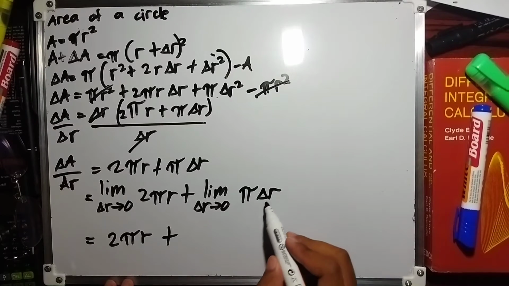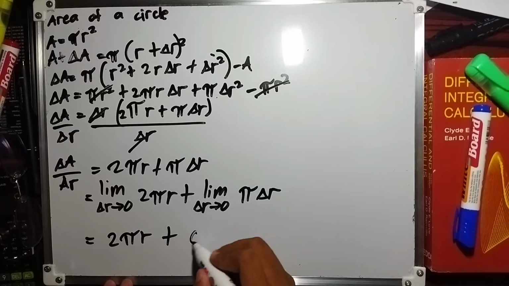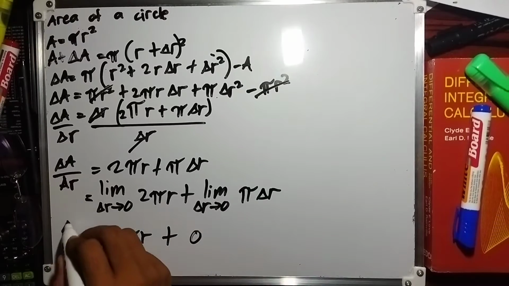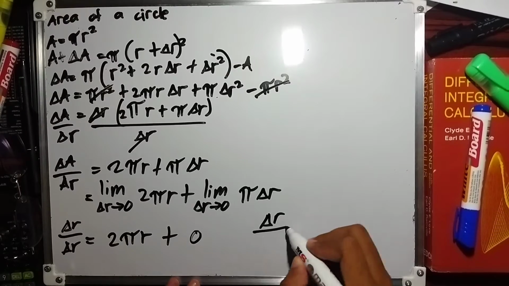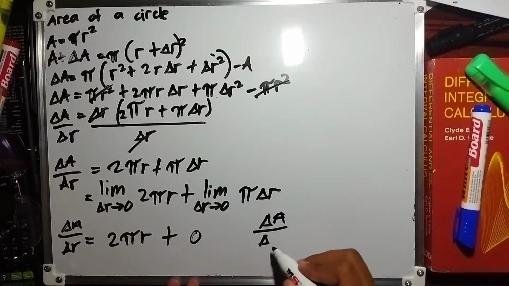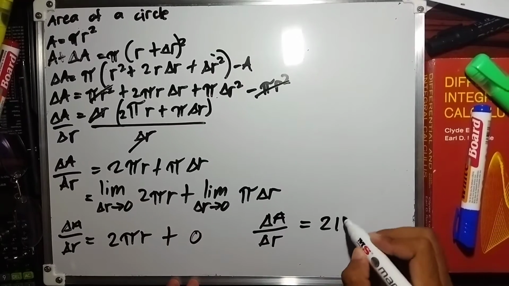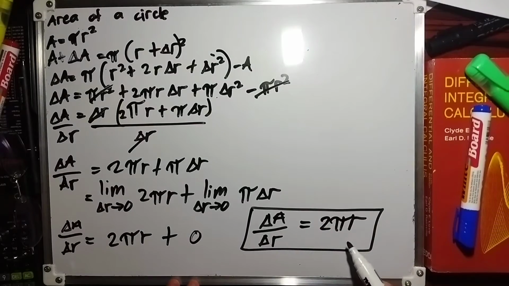And here we have pi times delta r, which is 0, is equal to 0. So our delta A over delta r will be 2 pi r, and this is our rate of change from the area of a circle.